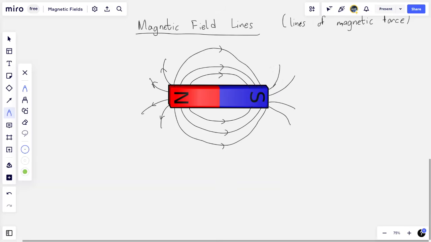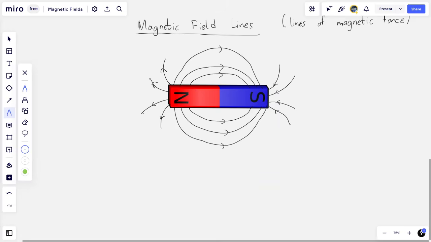You notice that these patterns emerge. That's because the iron filings, which are magnetized themselves, will follow the lines of force, the magnetic field lines. And so we get these field lines that have a nice symmetric pattern to them. And so this is for a single bar magnet.